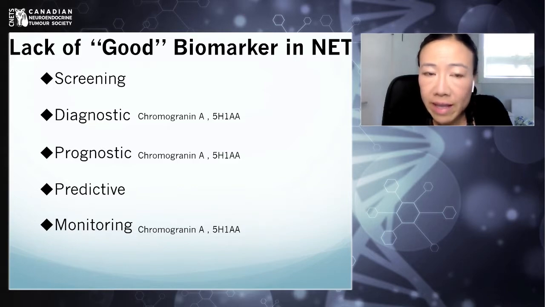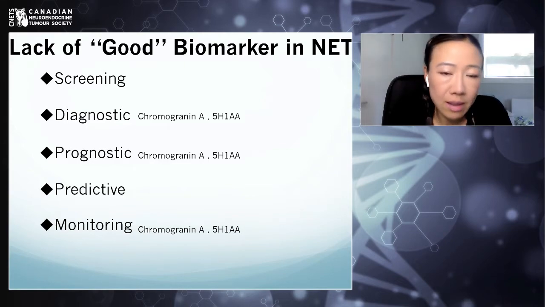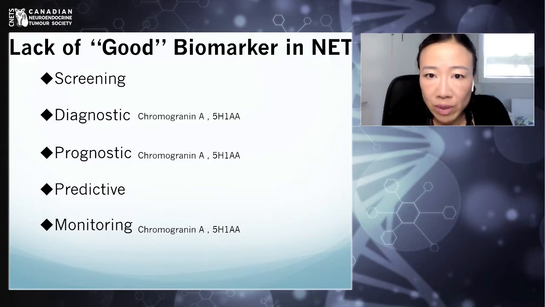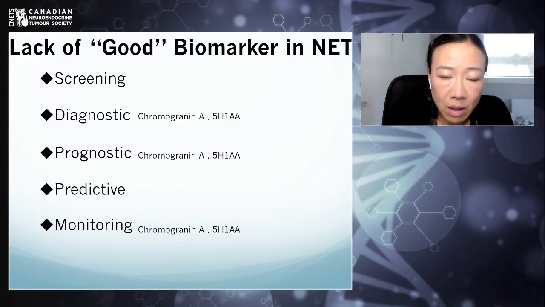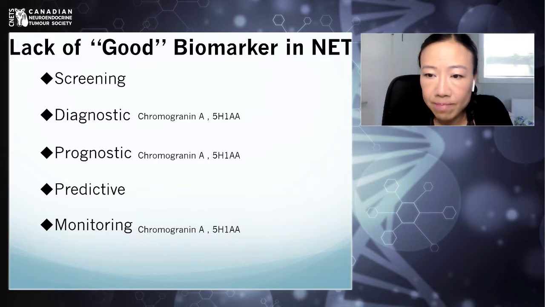In addition, it can be affected by multiple factors, such as medication like PPIs, or by many other cancers and many other chronic medical conditions, such as chronic renal failure and chronic liver disease. We also use these two biomarkers for monitoring patients with neuroendocrine disease when they're on treatment.